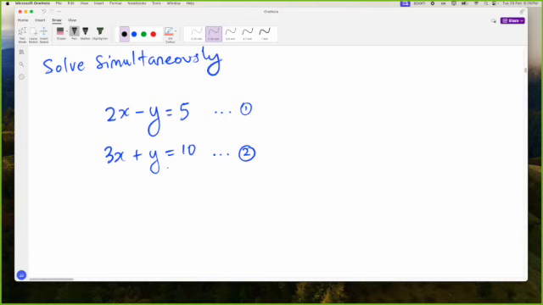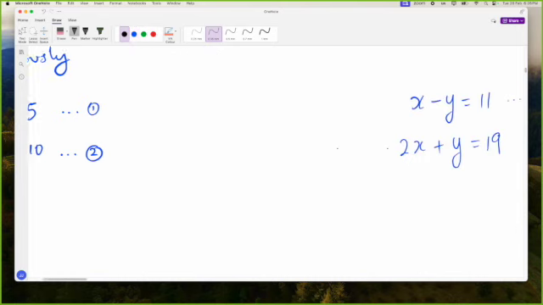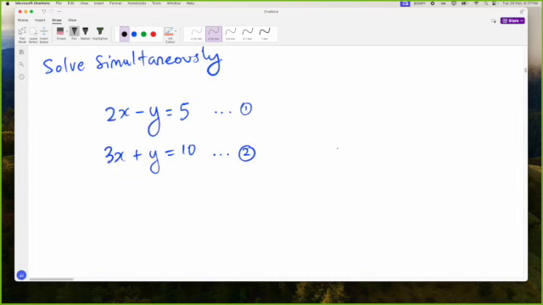Right? This is another example here where you could see that I have a minus 1 here and I have a 1 here. So you know that I could eliminate y if I added the equations.